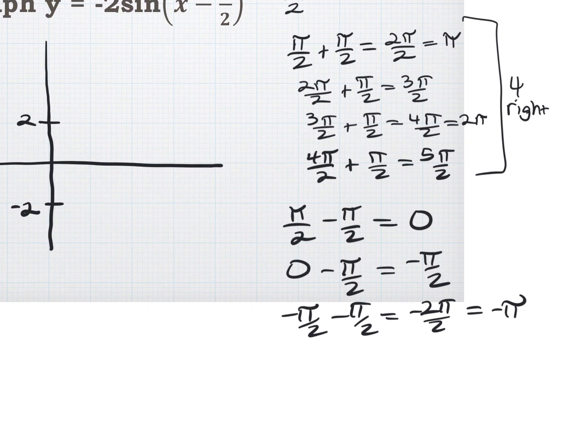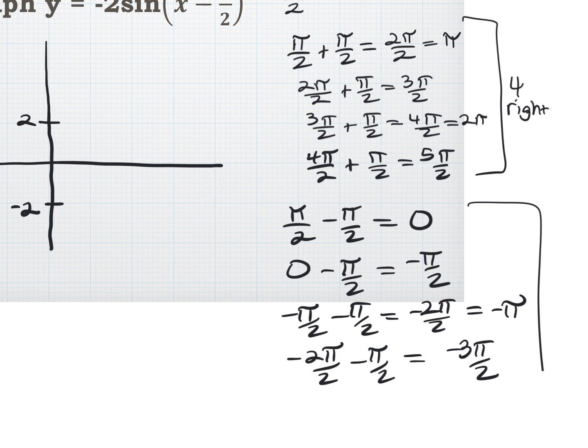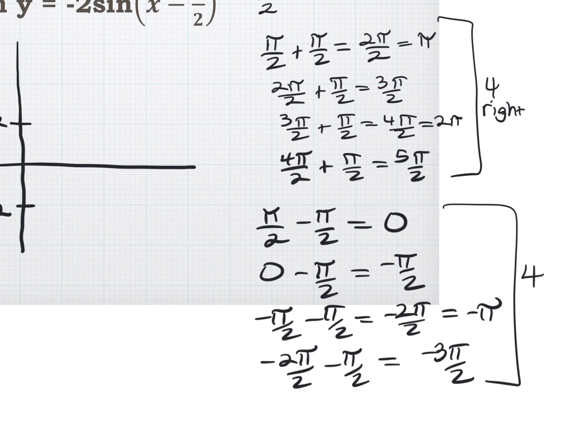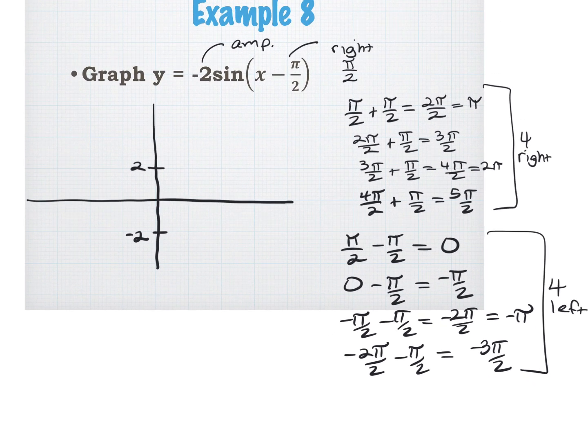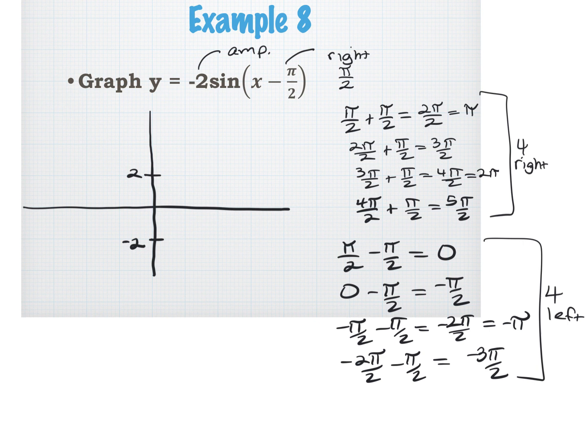And again, take the unsimplified. So I have a common denominator, negative 3 pi over 2. So these are the 4 to the left of the starting point. So let's get those key points labeled along the x-axis. So 1, 2, 3.